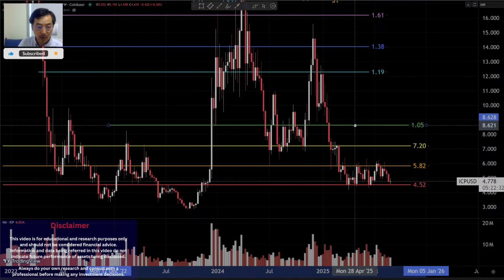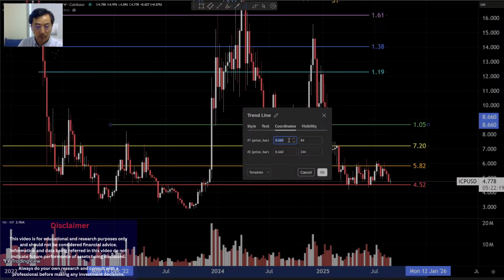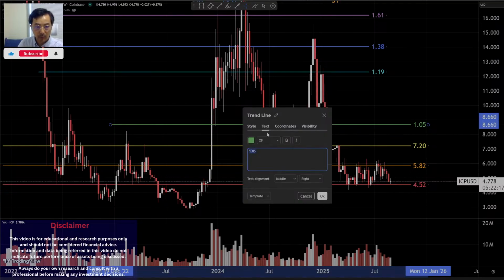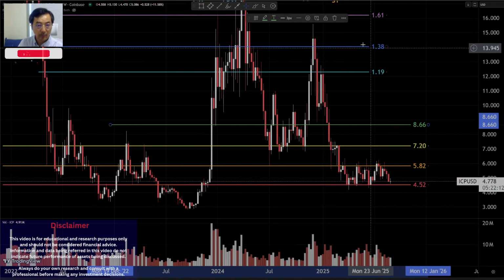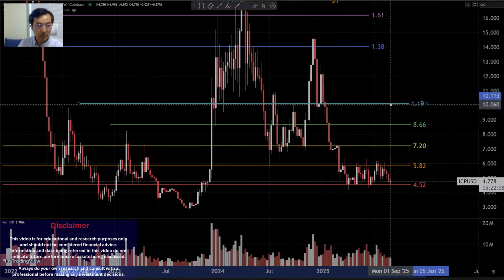So this would be a good point to consider as a key reference. Since the left side doesn't matter much, I won't extend it all the way to the left. This is 8.66, let's put it in the text. Okay, let's lock it.